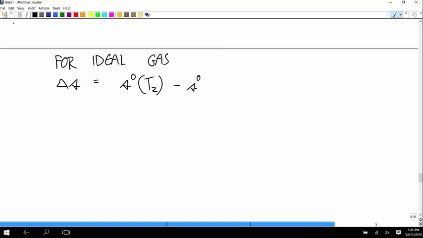And for an ideal gas, we calculated that the change in specific entropy is equal to S0 at the later temperature minus S0 at the earlier temperature minus R ln of the quantity later pressure over earlier pressure.